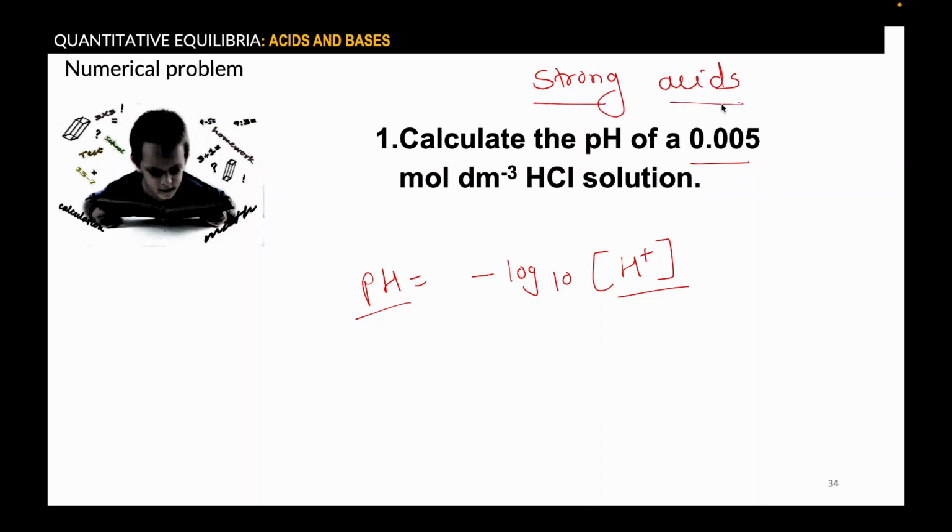So when we calculate pH for strong acids, the concentration given for the acid, in mole per dm cube, is the concentration of acid.